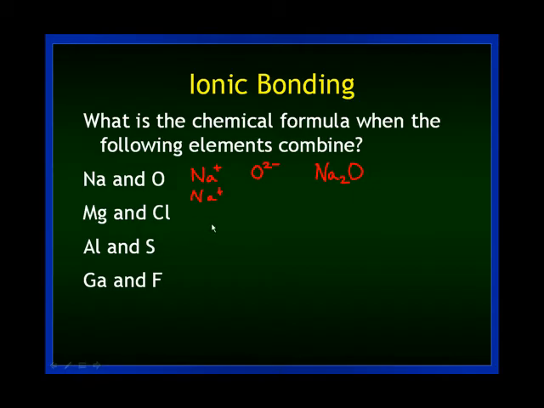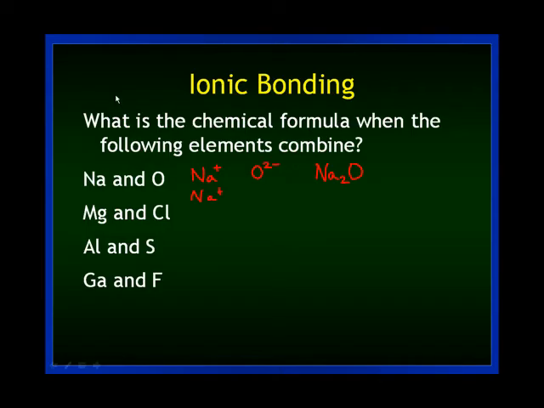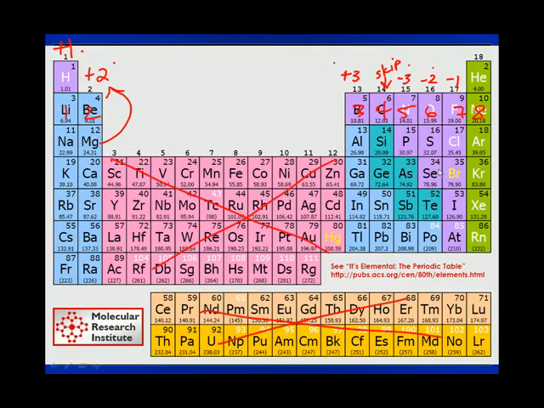If I do the same for magnesium, if you look back at your periodic table here, magnesium has a +2 charge. So I have Mg2+. And then the chlorine, if you go back, look at chlorine. Chlorine is in the -1 column.